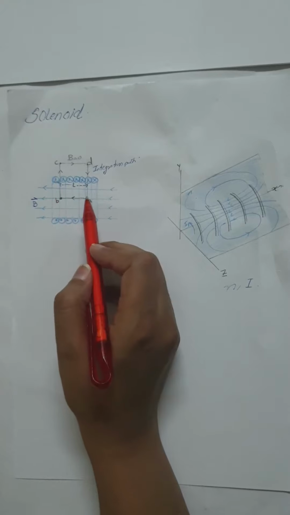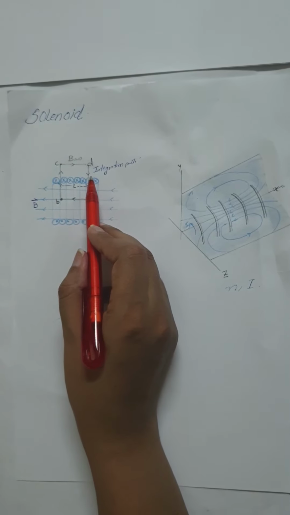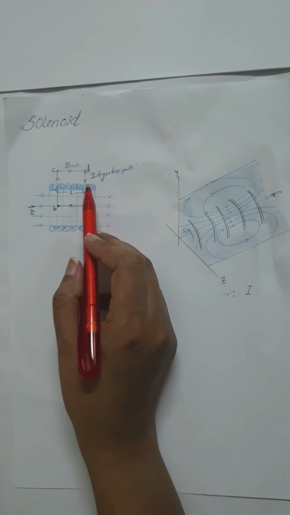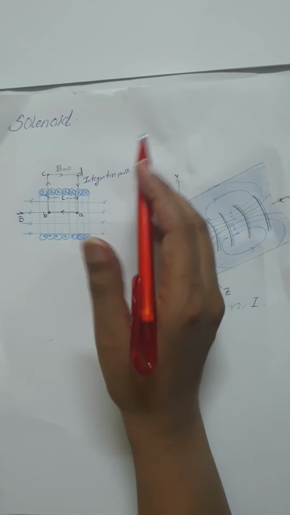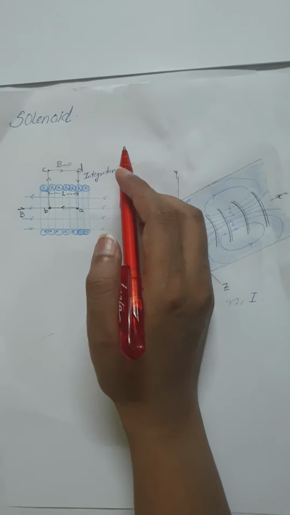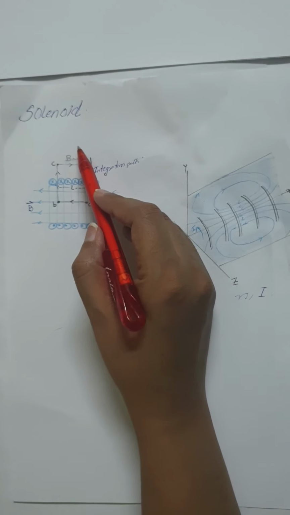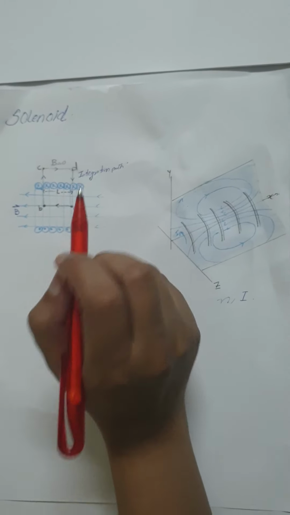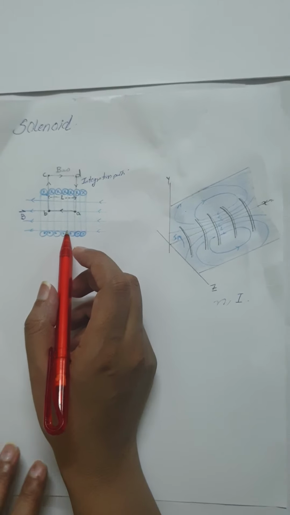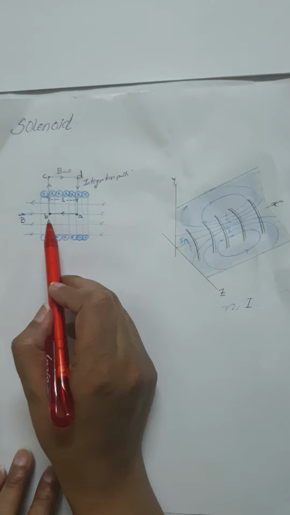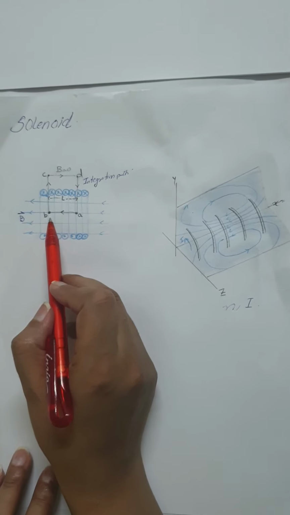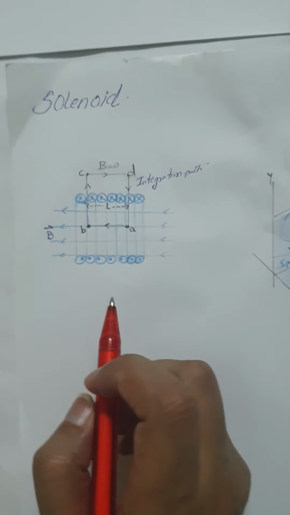Sides BC and DA are taken to be very long, so that side CD is very far from the solenoid. Then the field at CD would be negligible. By symmetry, the magnetic field along side AB is parallel to this side and is constant.